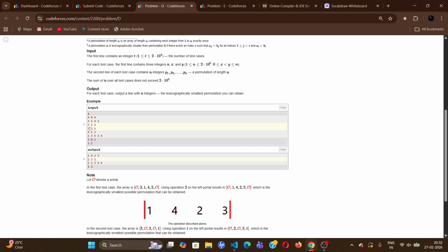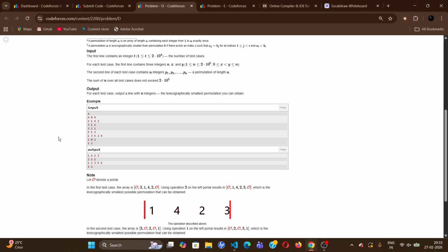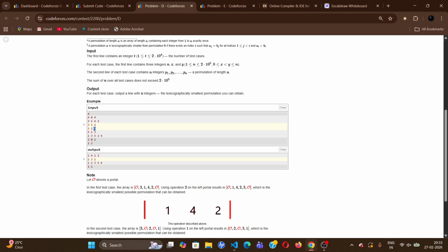It can go from here, get placed right here. Or if we bring this one here, it will also work. So there are two cases, outside and inside.